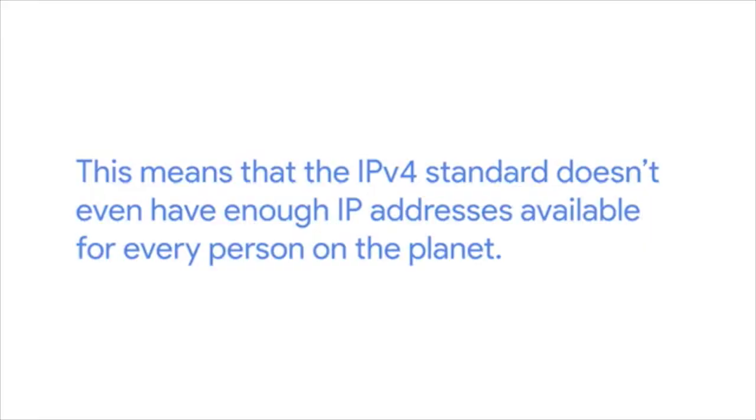A single 32-bit number can represent 4,294,967,295 unique numbers, which definitely sounds like a lot, but as of 2017, there are an estimated 7.5 billion humans on Earth. This means that the IPv4 standard doesn't even have enough IP addresses available for every person on the planet.